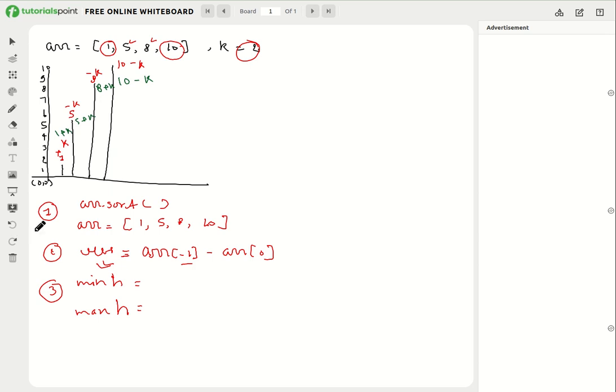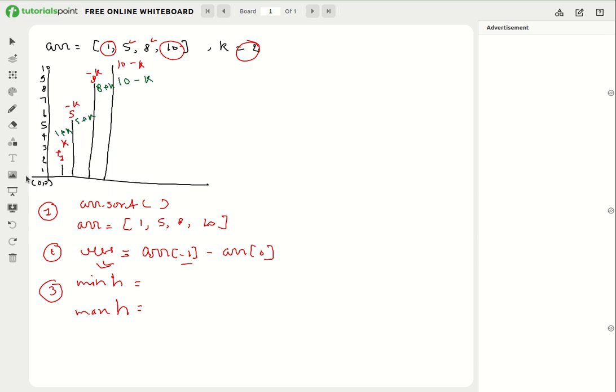So like this we can maximize our height, right? So we have to find the smallest tower and the largest tower, finding these two combinations.